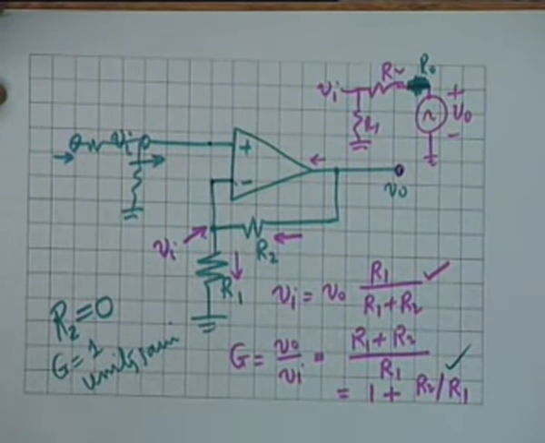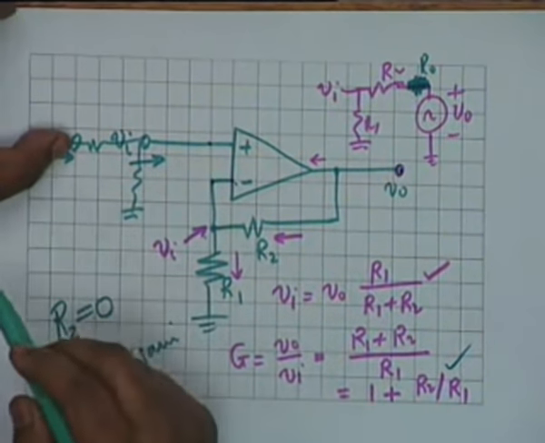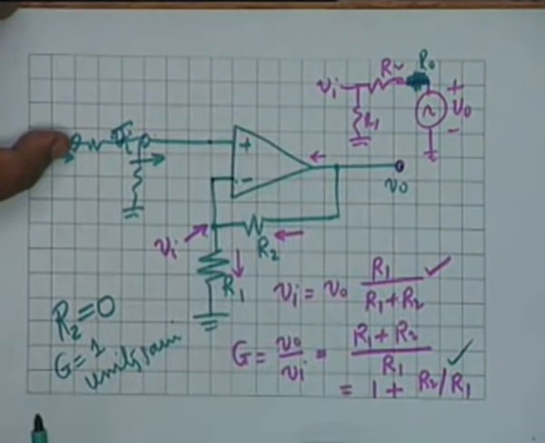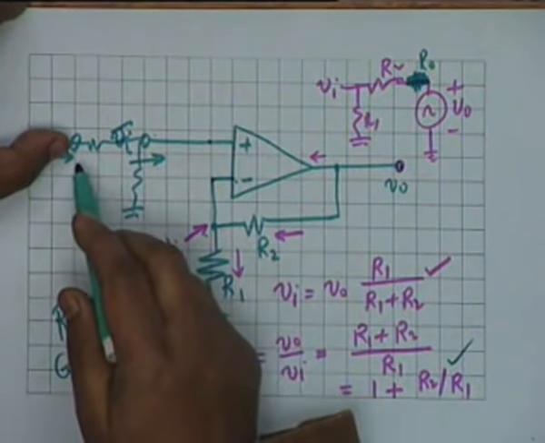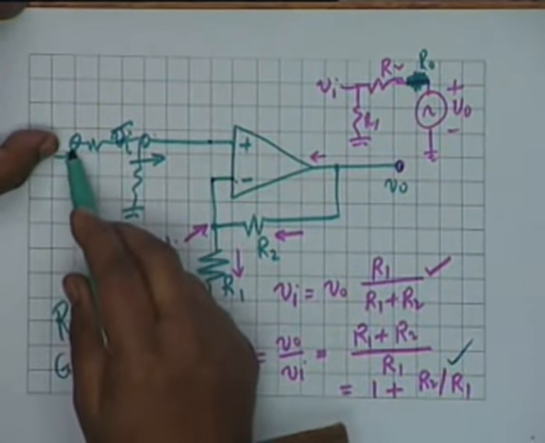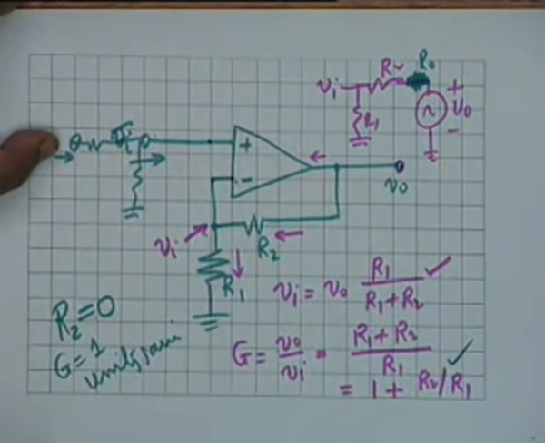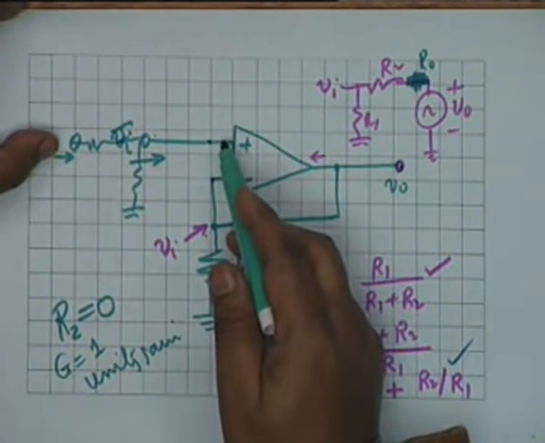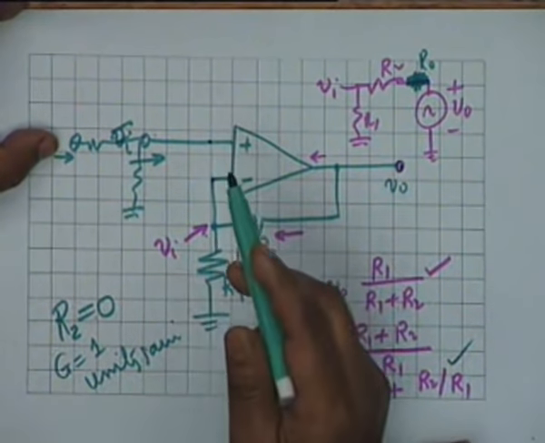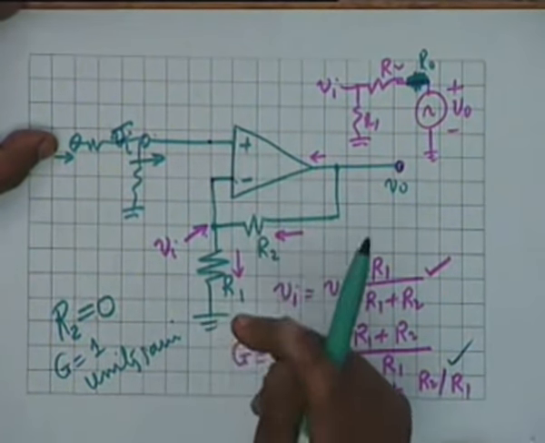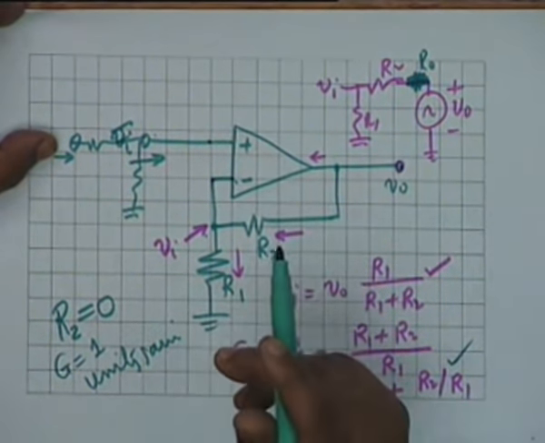Is that understood? If I want a gain less than 1, then the source has to be connected here instead of here. So what the source sees is the sum of these two resistances. The op amp does not take any current, but the infinite input resistance advantage is lost.